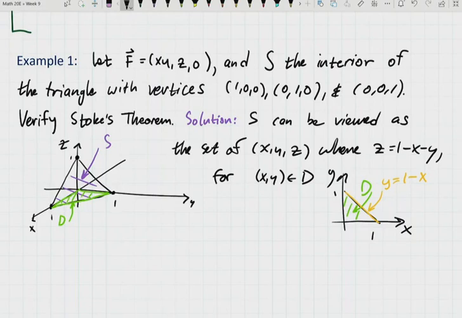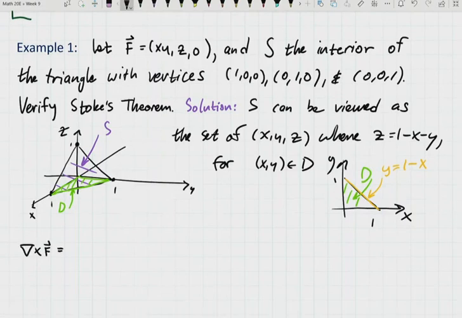So let's see, I guess we'll need del cross f. Del cross f will be the determinant of i hat, j hat, k hat.